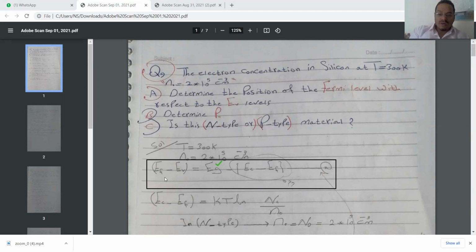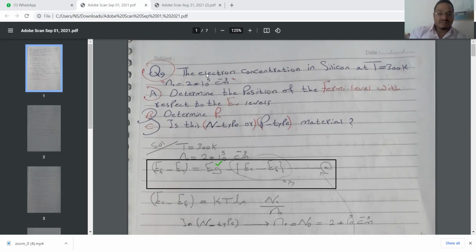Here, as we know, the difference between the conduction band and the Fermi level equals KT ln of the effective density at the conduction band divided by the concentration of electrons. K here is the Boltzmann constant, equal to 8.61 × 10^-5 eV per Kelvin.